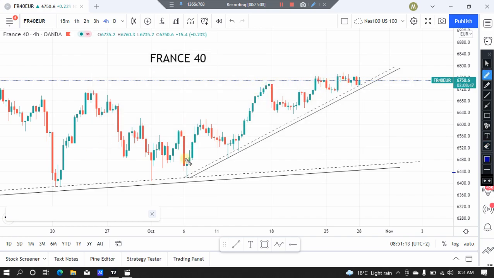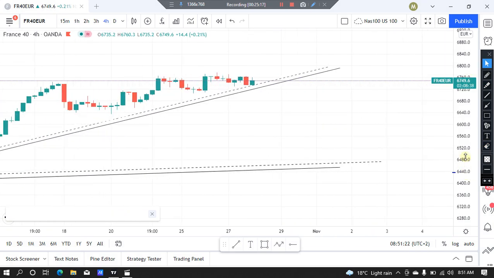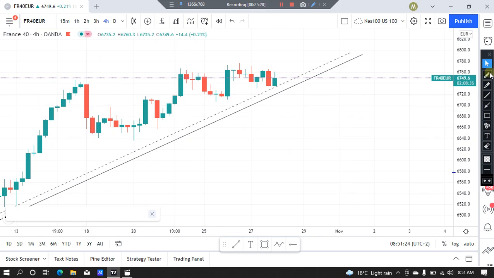So here it's Frankfurt. As you can see, we are on a nice bullish momentum, and I already missed this one. You can see we are on a support, and guess what? The market pushed up. Remember, this is a 4-hour time frame.